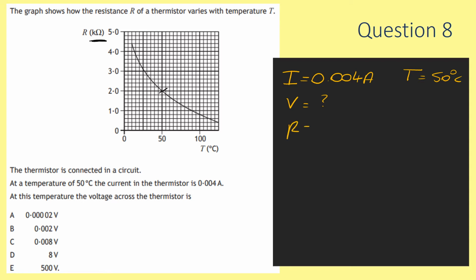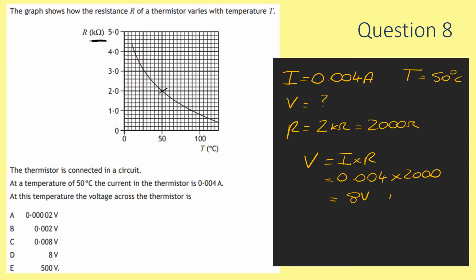So R is equal to 2 kilo ohms, which is 2,000 ohms. It's then a straightforward Ohm's law calculation. V is equal to I times R. 0.004 multiplied by 2,000, giving us a value of 8 volts.